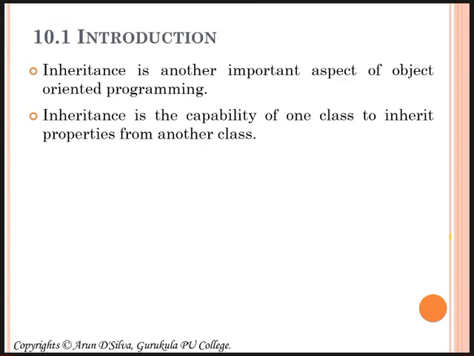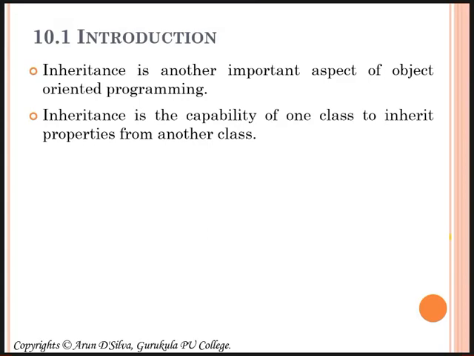There will sometimes be a possibility: I have already one class, I'm going to create one more class, and some of the properties already in the existing class are there, which we are using. So at that time, can I take those properties already defined? The question comes.